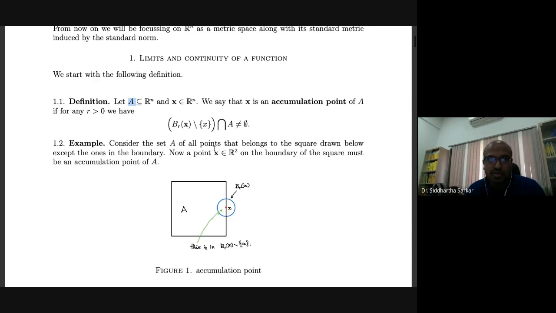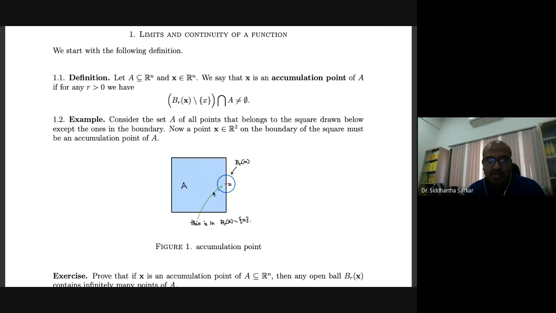Okay, if you look at the diagram below, you have a set A which is basically all points inside the square except the boundary points. So don't include the points on the black lines. Of course, if I pick any point from this set A itself, then that point is an accumulation point. That's no surprise.